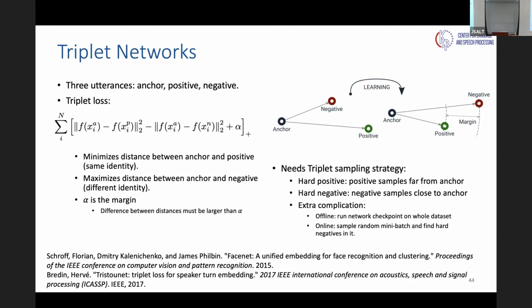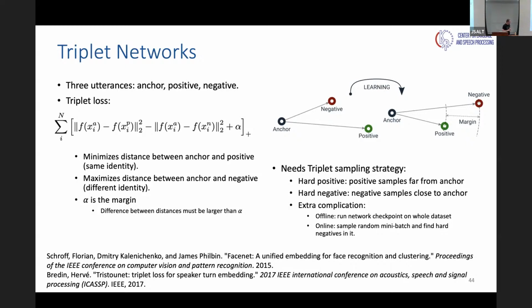And you enforce that you have at least a margin alpha between the positive and the negative sample. So the negative sample has to be at least alpha times farther from the anchor than the positive. Okay, so that helps you to get a more discriminative model.